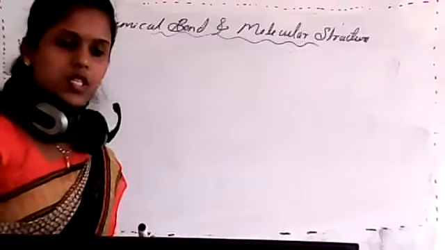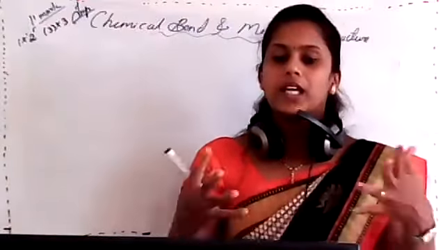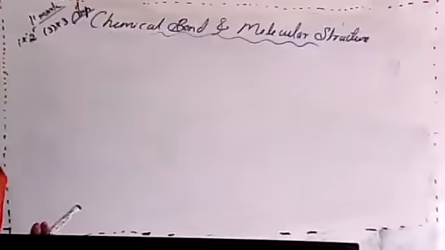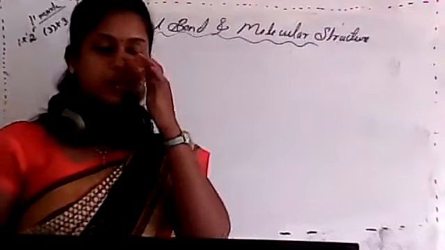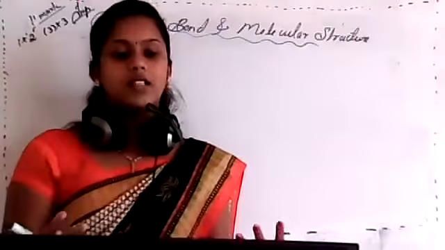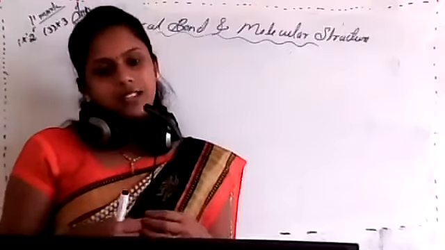Now the question: why will chemical combination take place? Why will chemical bonding occur? Someone answer: to gain stability. Yesterday itself I told you, every system in nature tries to attain stability.